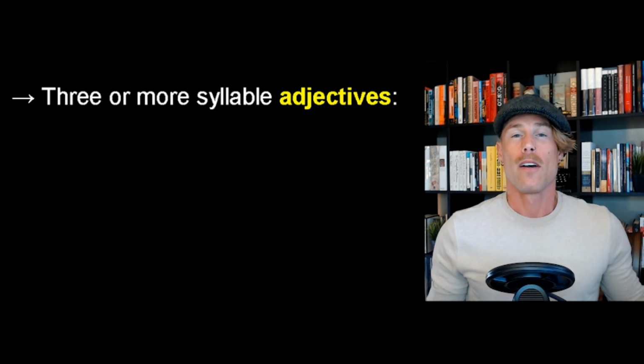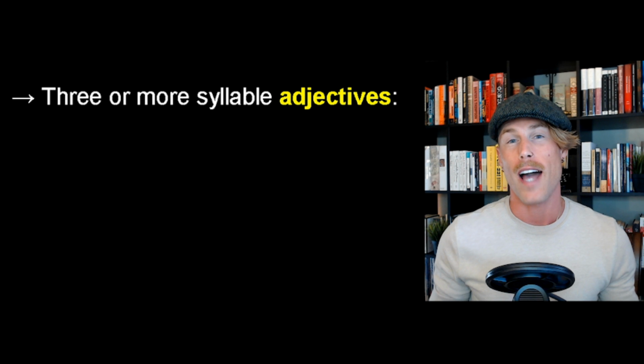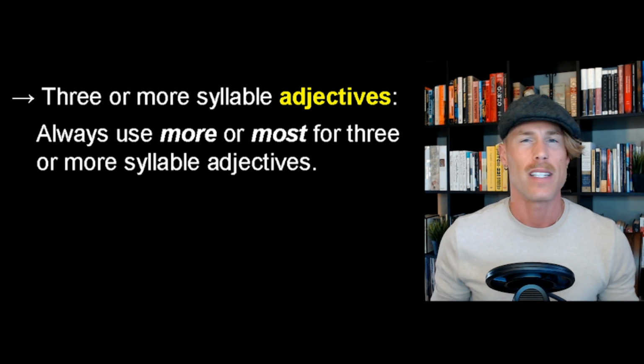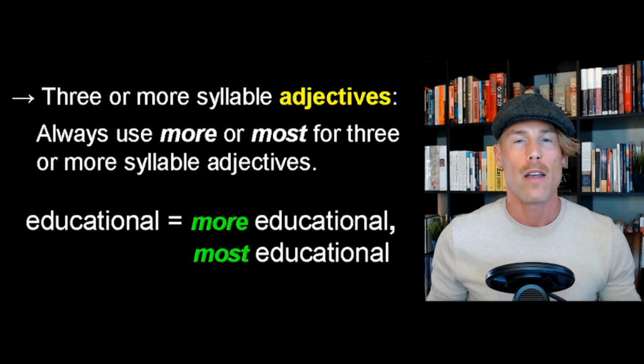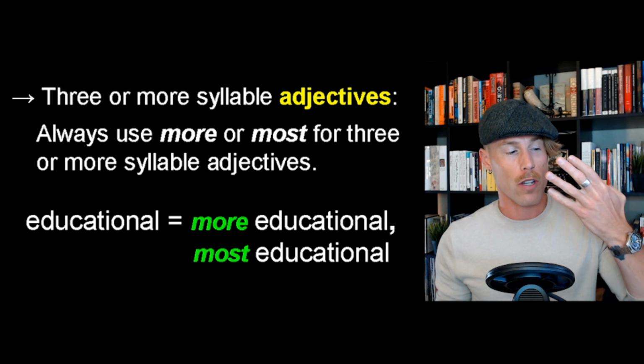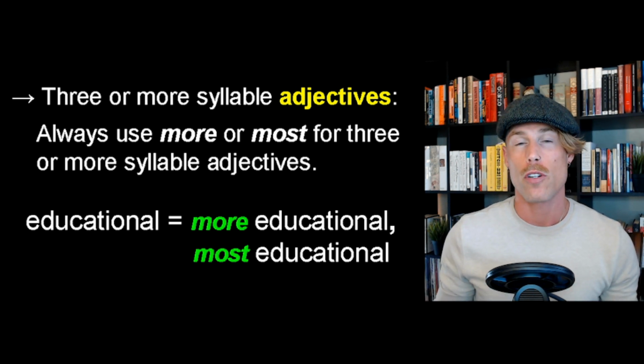Okay, let's talk about three or more syllable adjectives. Always use more or most for three or more syllable adjectives. Easy rule. Educational. Educational, 5 syllables. More educational, most educational.